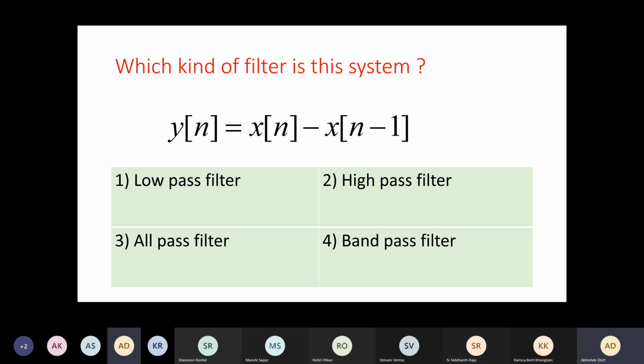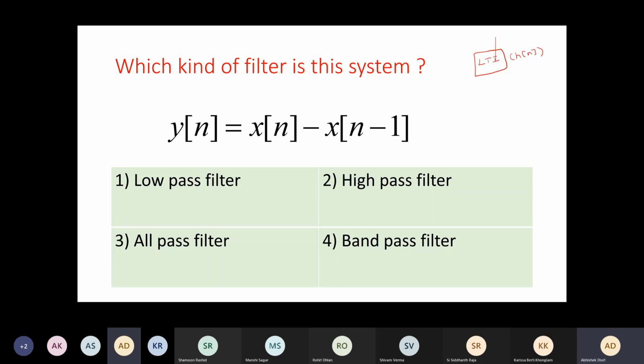Before even attempting this question, I want to make a few remarks. First remark is that if you have an LTI system, its impulse response is its complete characteristic.